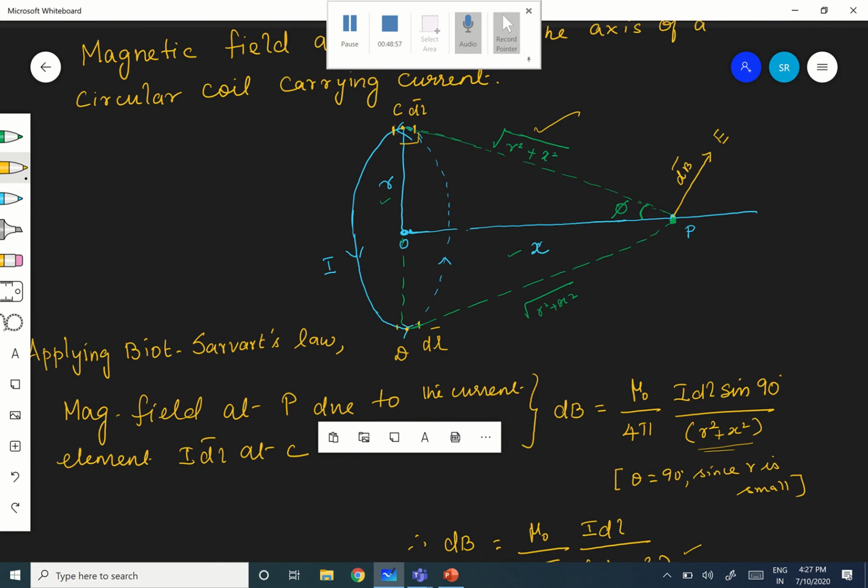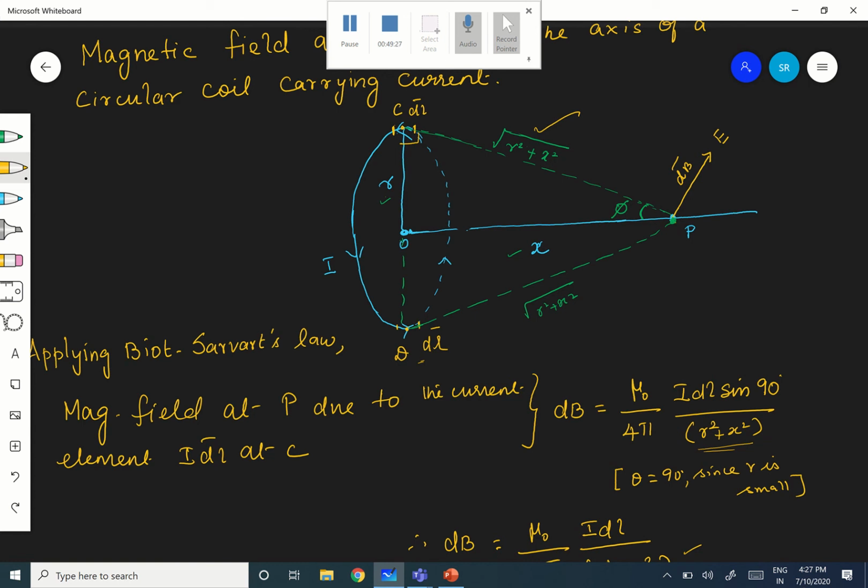Direction of the magnetic field at P due to the current element at D is perpendicular to the plane containing I dl at D and DP. Are you following? Therefore, here it is CP, here it is DP.